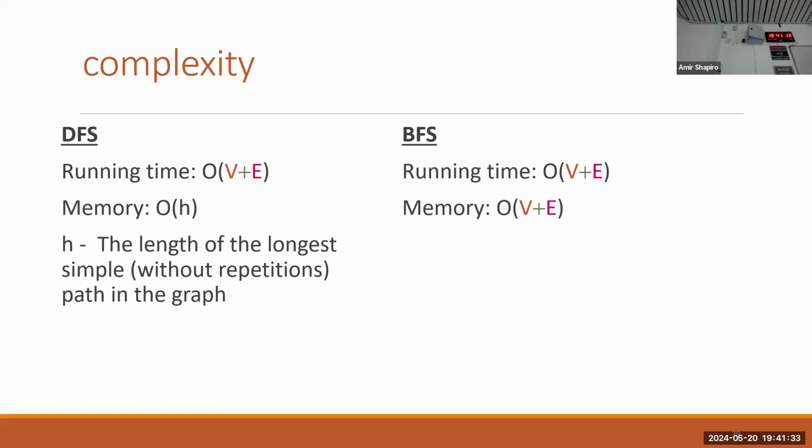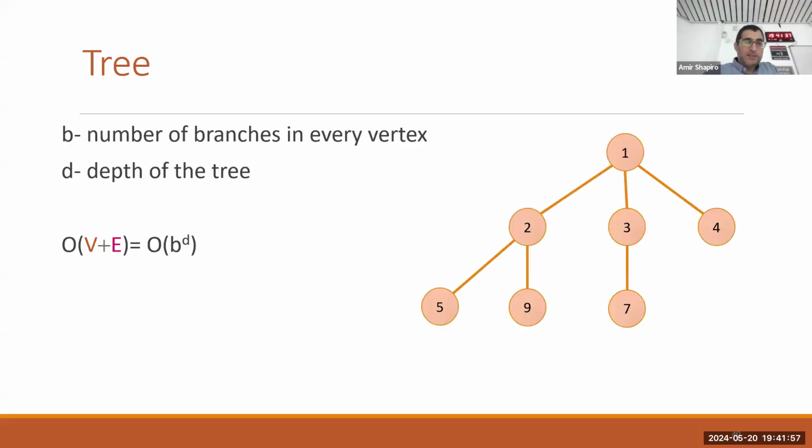In the worst case, we'll need to add the entire graph into the memory, and therefore it's more memory. But in the worst case, H can also be V plus E.